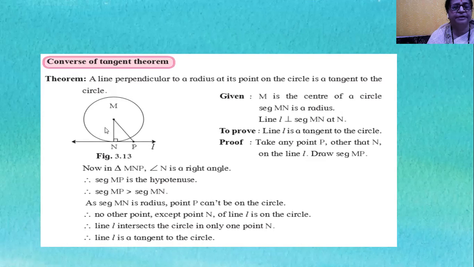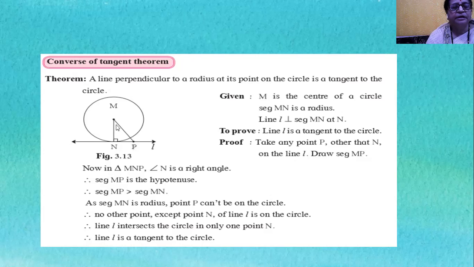Then what do we have to prove? Line L is a tangent of the circle. So we will prove it: take a point P on line L other than N and draw the segment PM.